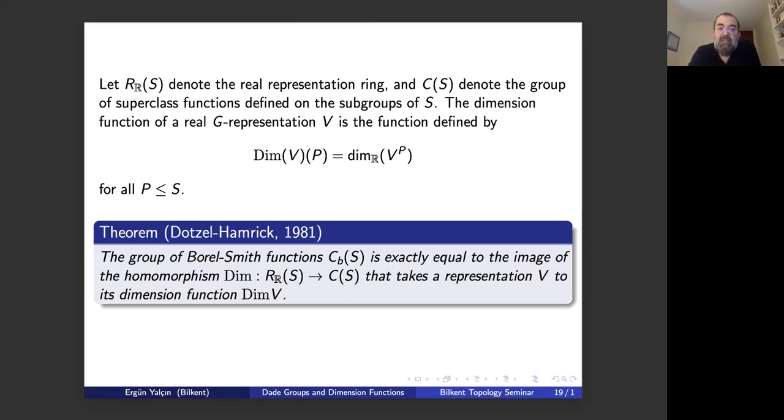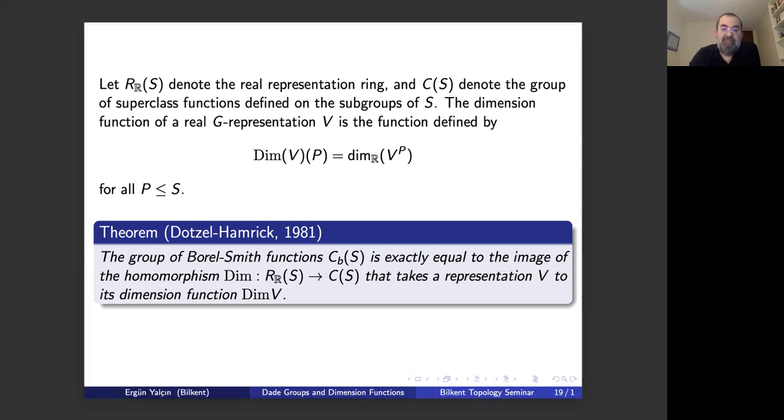So what they see is that the dimension functions coming from these representation spheres give you entire dimension functions which satisfy Borel-Smith conditions. Basically, the kernel is nothing but the dimension functions of real representation spheres. This is what we find in the P group case.